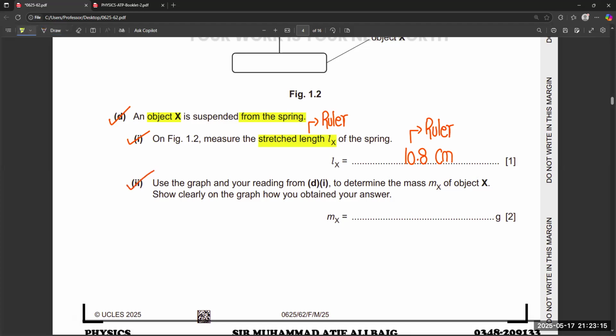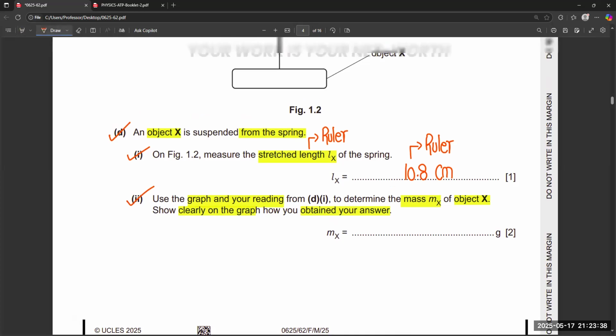Second part: use the graph and your reading from the first part of D. Determine the mass of the object X. Show clearly on the graph how you obtain your answer. So from the graph we know we have to find out the gradient, right? Or in other words, we got the length 10.8.